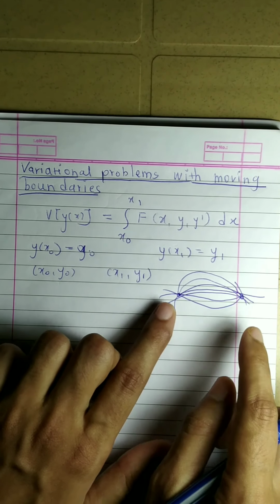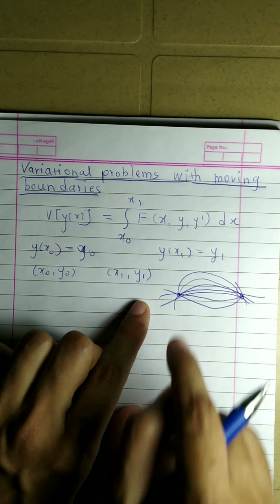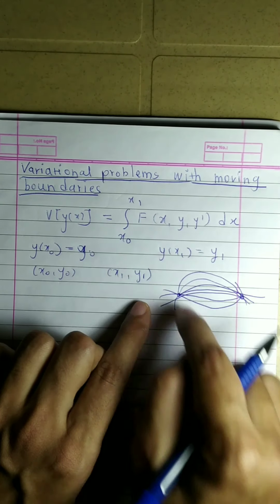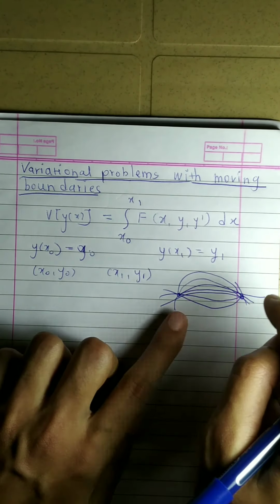No. What we will consider is there will be 2 more curves, and these boundary points will be allowed to move only along those 2 curves, and under the condition that these boundary points are moving, we want to find the extremal. Therefore these problems are called variational problems with moving boundaries.